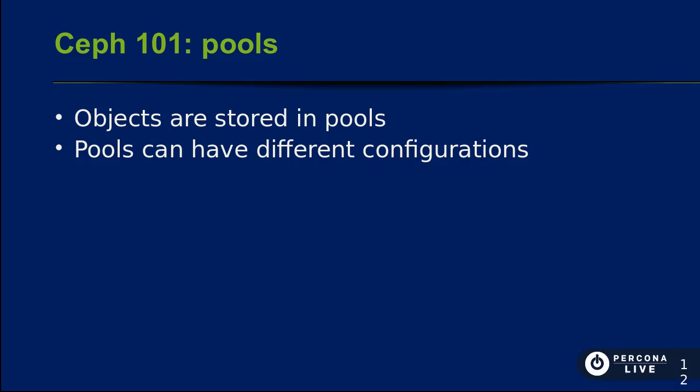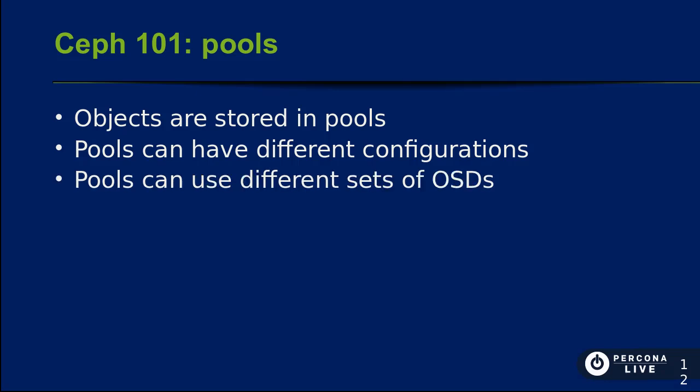For any HA purpose, you will need a replicated pool, but maybe if you already have copies, like I will show, it's not always needed to have a replicated pool. Pools can be defined on different OSDs. So you may have SSDs, you may have spinners, and you define a pool on the spinners, a pool on the SSDs. And then you can play around and do a lot of stuff around that.